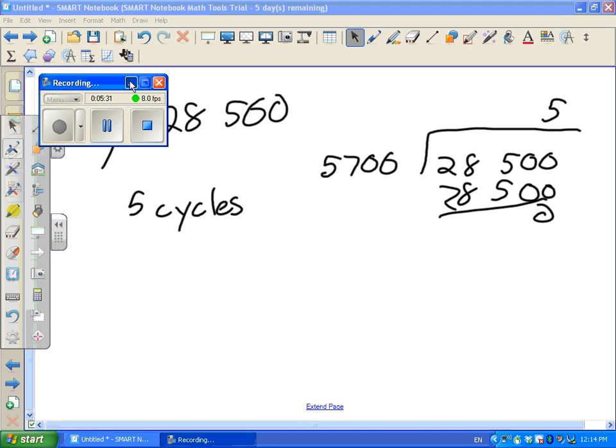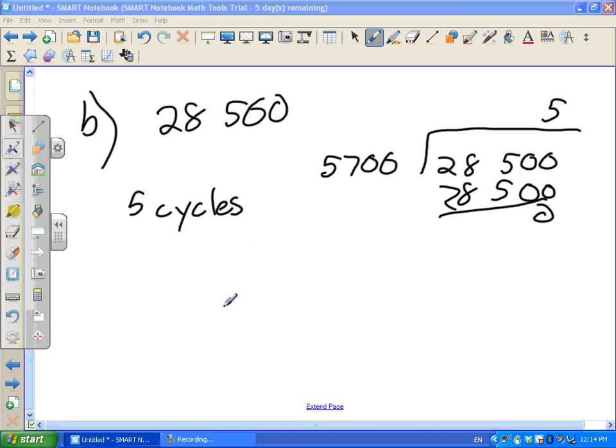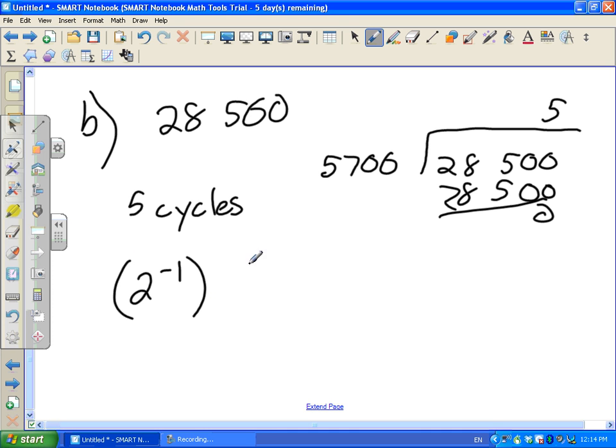With those 5 cycles, let's try to set up our question. We know the rate of decay, 2 to the negative 1, multiplied by the original 10 grams we started with. And we know there are 5 cycles, so we put 2 to the negative 1 to the power of 5.